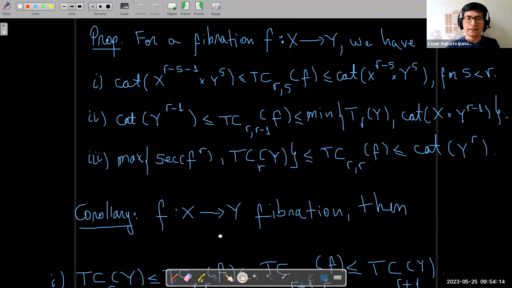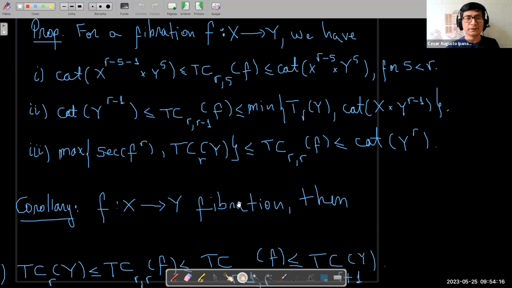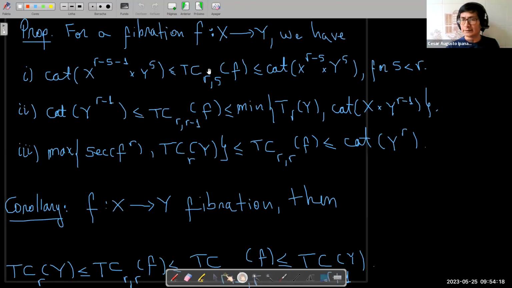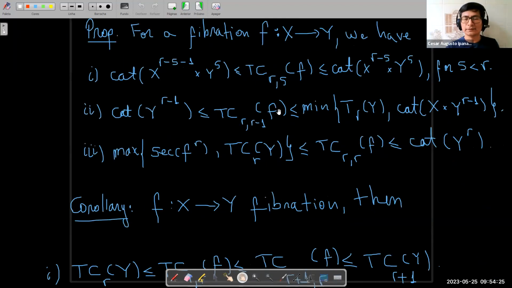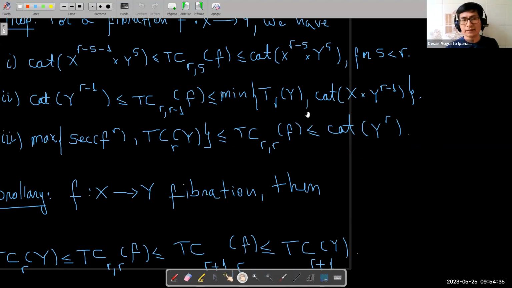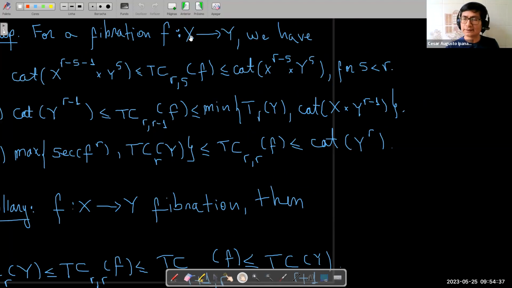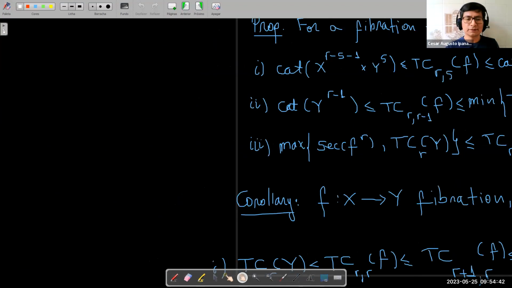Moreover, in the case when f is a fibration, we obtain this standard estimate. Recall that the lower bound is the estimate which happens for any map. The upper bound follows from the hypothesis that f is a fibration, and recalling the definition of our hierarchies.